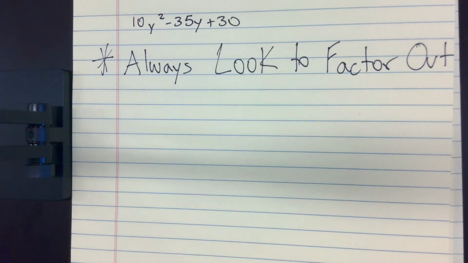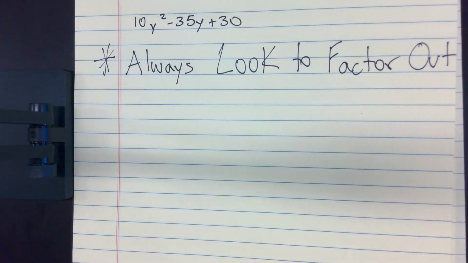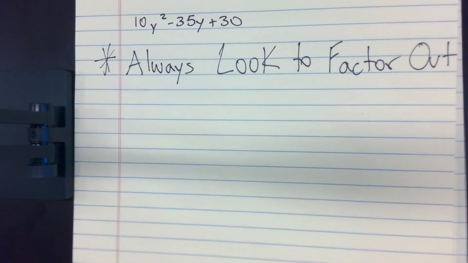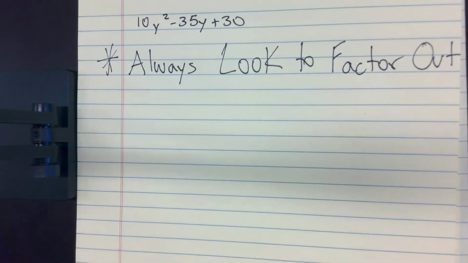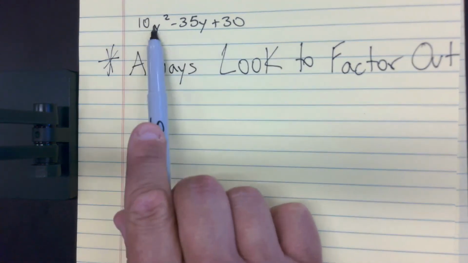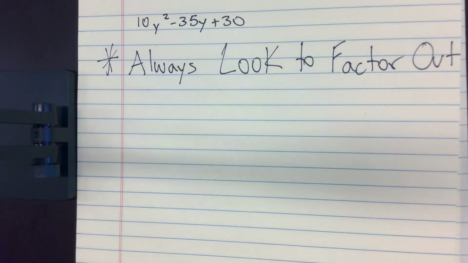I would encourage you. Always look to factor out. What I mean by that is before you even start one of these great big problems, you should look to pull a number out of the problem first. So everyone look at the original problem here. Is there a greatest common factor I can pull out of the original problem?